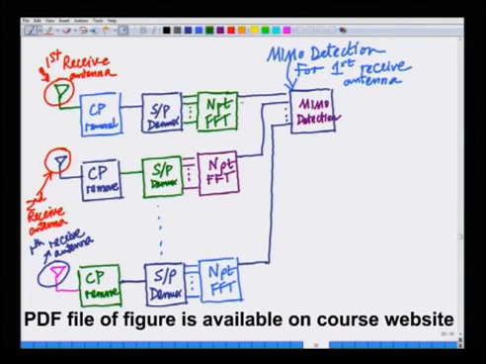Again, for the second subcarrier, I take the output from the second subcarrier at every receive antenna. This is another MIMO detection block.